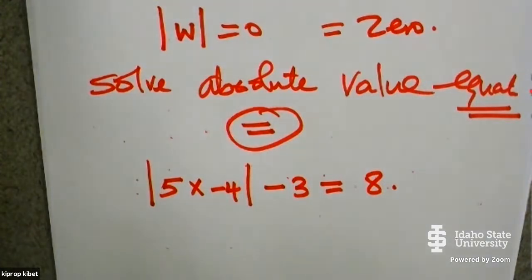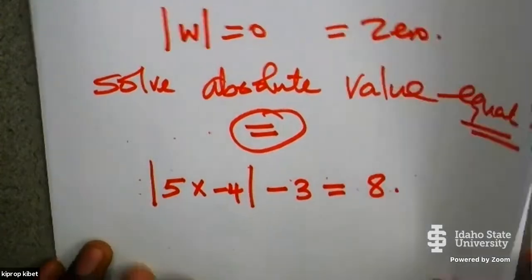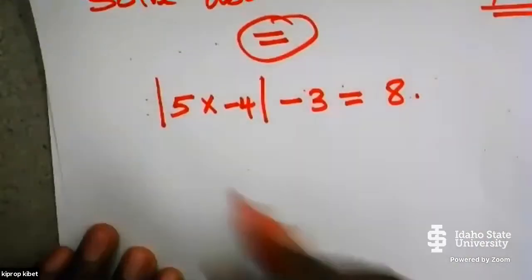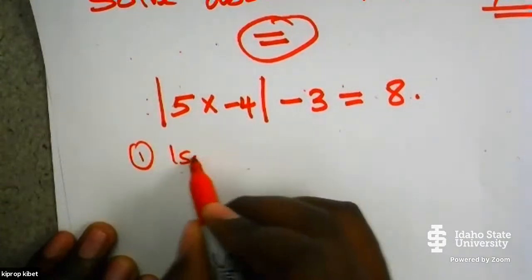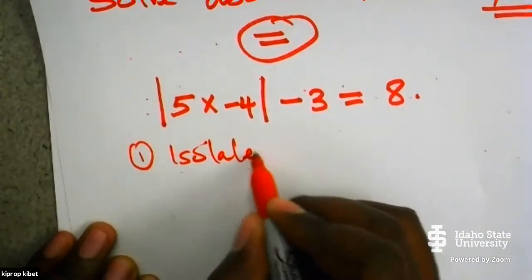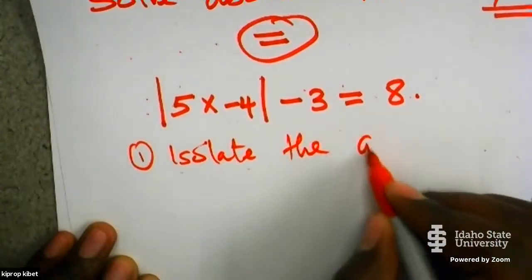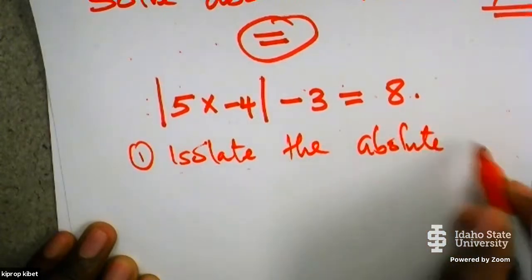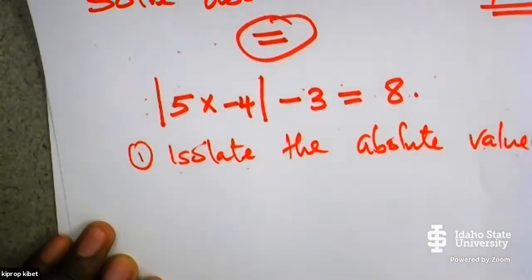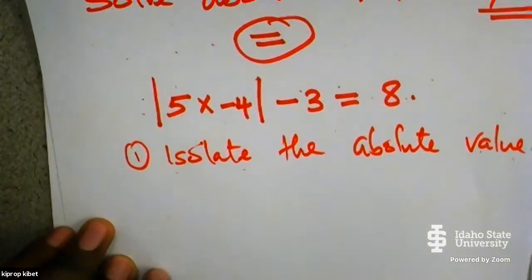How we solve this one is we isolate the absolute value. Then we take the other ones to the other side. So the first step is to isolate the absolute value.